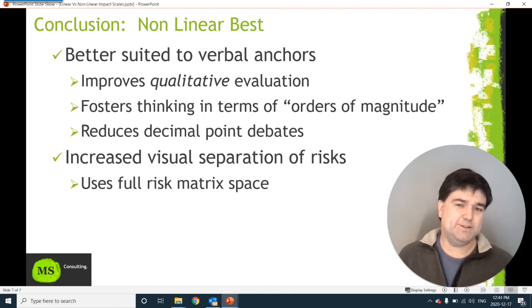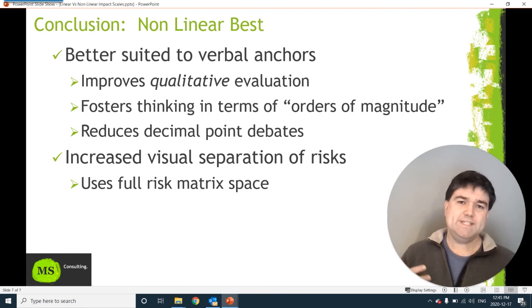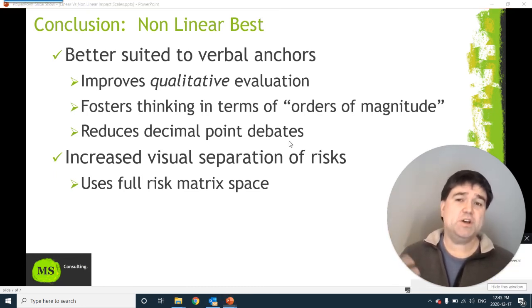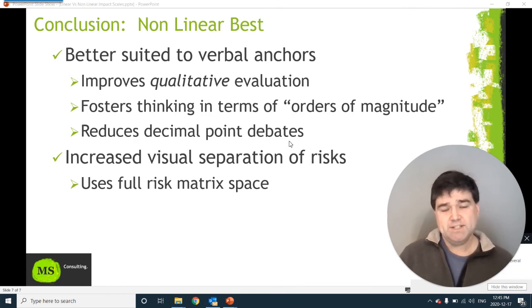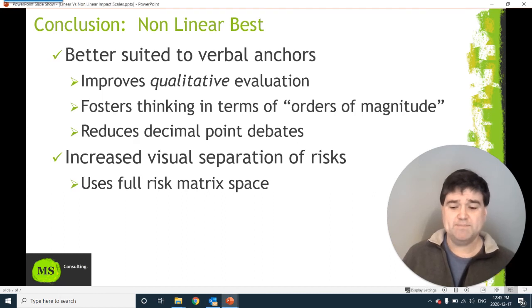So here are my conclusions. I hope you looked at those and maybe you paused and rewound and eyeballed it yourself, but non-linear logarithmic scales are much better suited for verbal anchors. When we say that something is probable or very likely, we're actually talking orders of magnitude. And so these logarithmic scales increase our ability to better determine the qualitative evaluation of risks, which is one of the first steps in evaluating the risks.